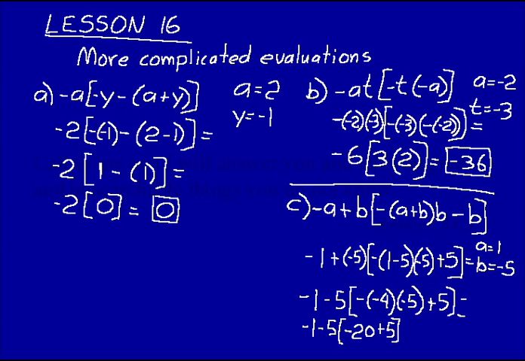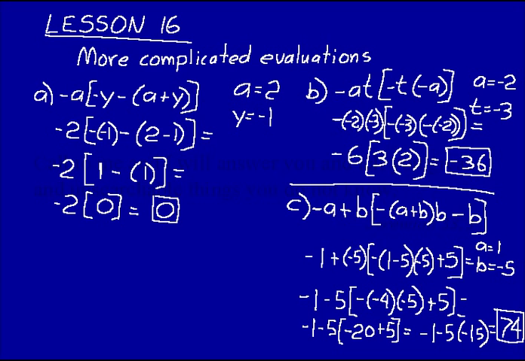Now I'm running out of room at the bottom of my board, so I'll just go ahead and continue this problem to the right. And we'll have -1 minus 5 times a -15. Now a -5 times a -15, that would be a positive 75. Add the -1 to that, and so we would end up with a positive 74 for an answer.